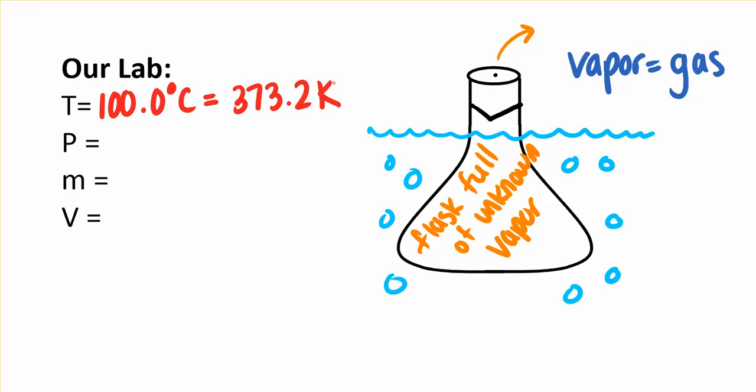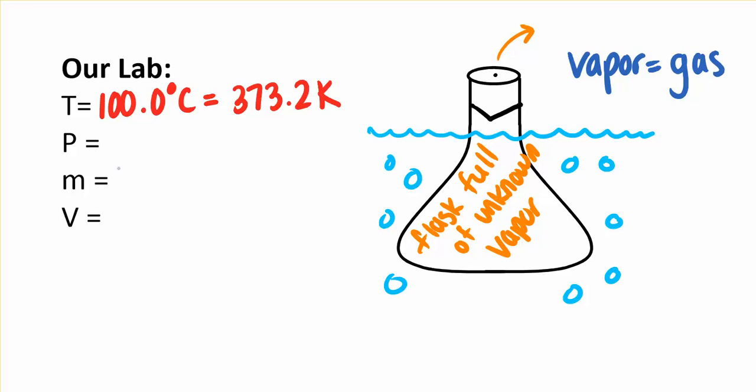Okay, next we need to know the pressure of the gas in here. And you might think that it's higher than the pressure in the lab. I do have a barometer, and I'll measure the pressure in the lab. It would be higher than the pressure in the lab, because when you heat something, pressure goes up, except that there's a hole. And gas will leave through this hole until the pressure inside the flask is equal to the pressure in the lab.